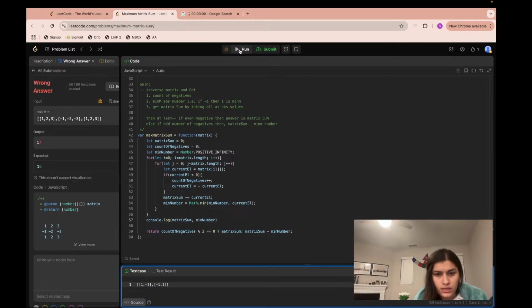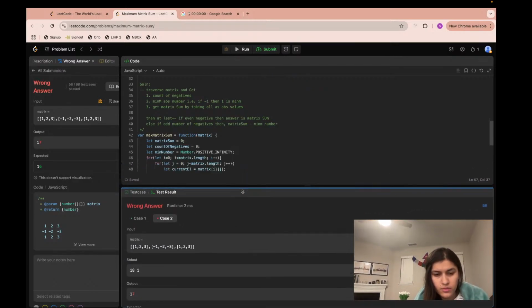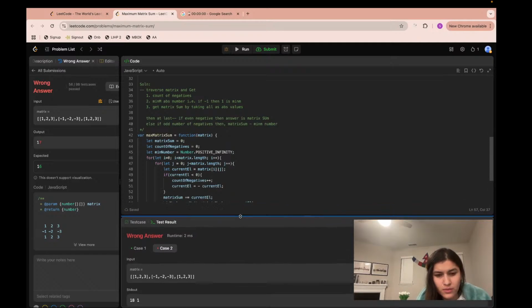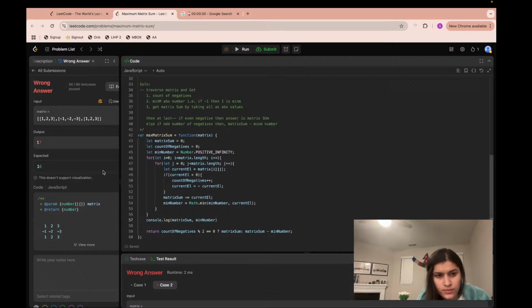Use test case and then run. So maximum sum is 18 and minimum is 1. Three, 4, 5, 6, 7, 8, 9, 10, 11, 12, 13, 14, 15, 16, 17, 18. Yeah, 18 minus 1 is 17.